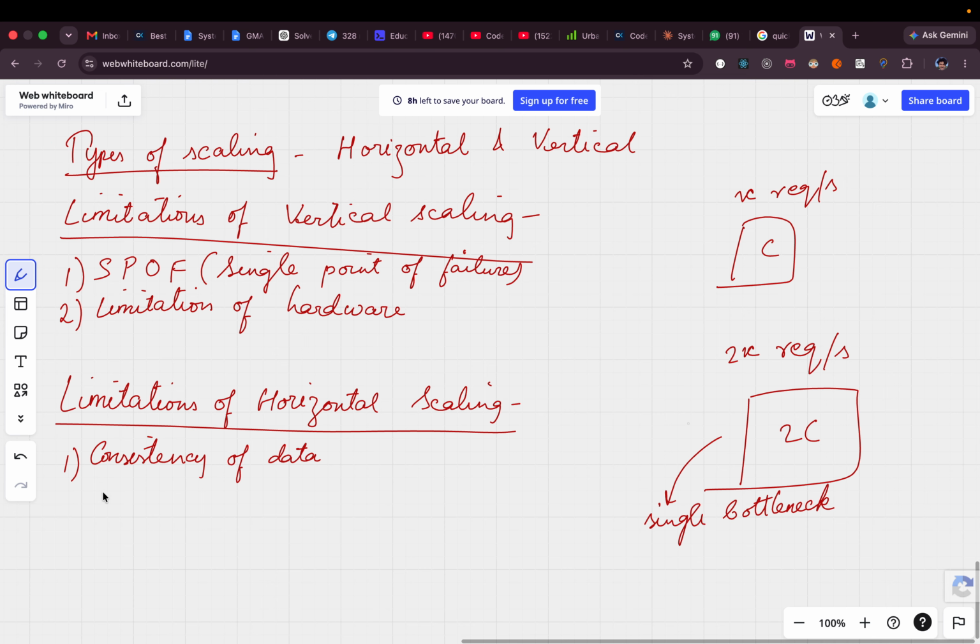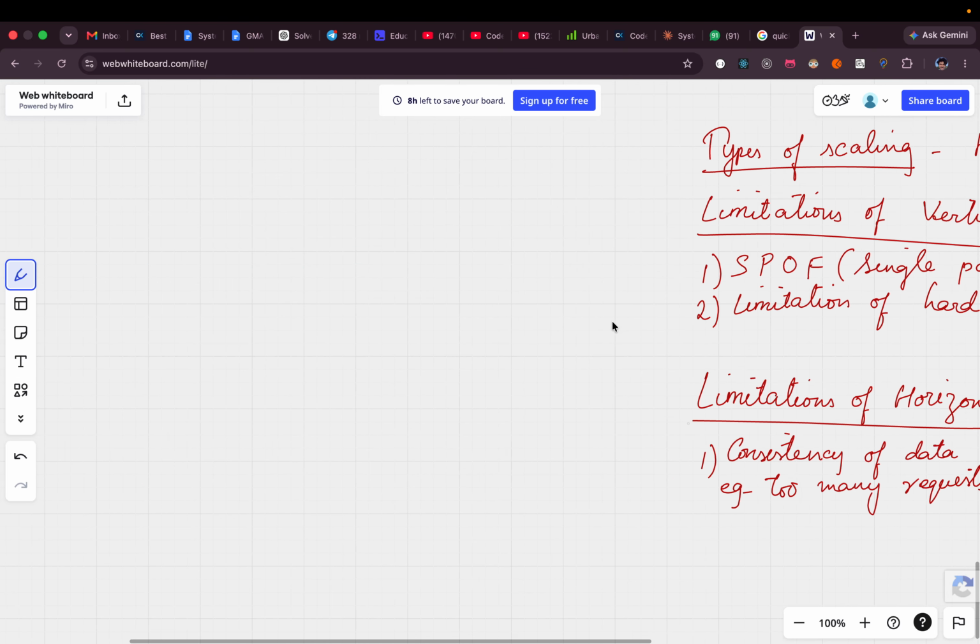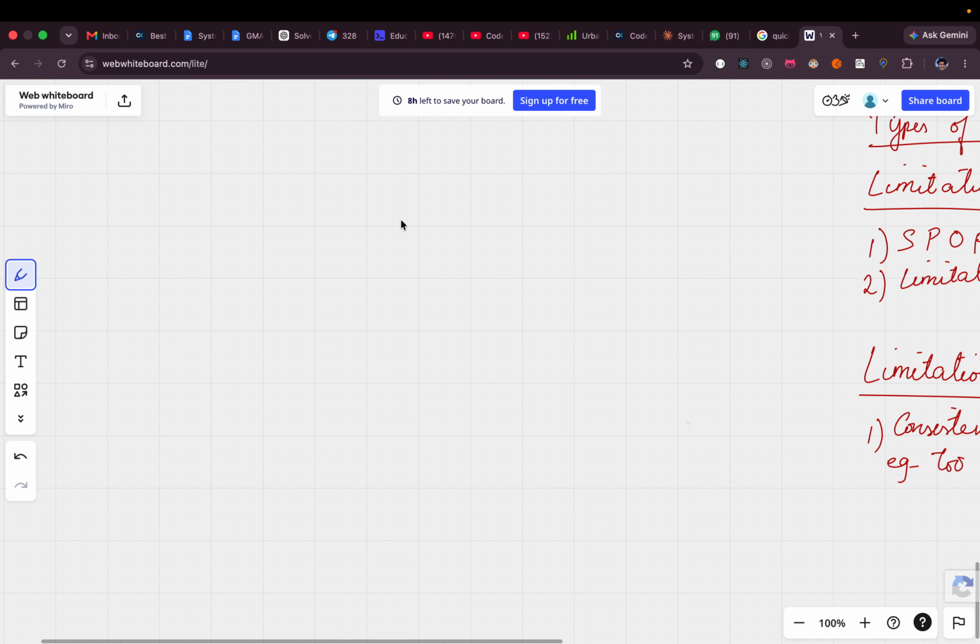So for example, too many requests hitting a database. Earlier we had just one database, DB1, and it was able to handle X requests per second.